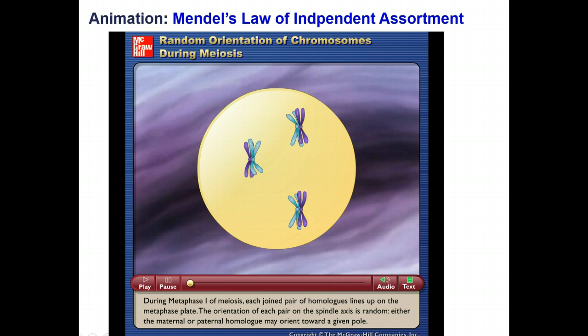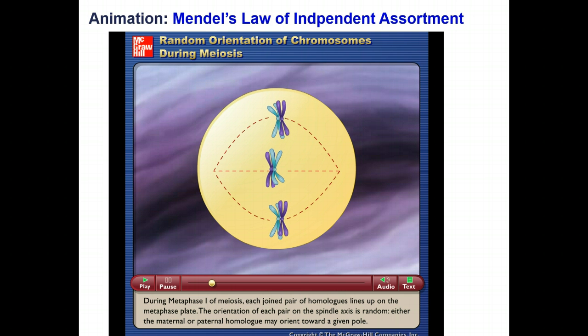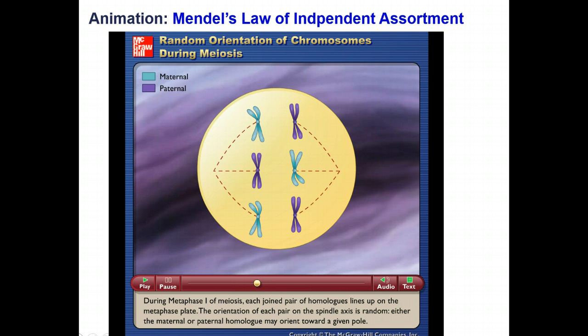Let's look at an animation that illustrates Mendel's law of independent assortment. During metaphase I of meiosis, each joined pair of homologs lines up on the metaphase plate. The orientation of each pair on the spindle axis is random. Either the maternal or paternal homolog may orient toward a given pole.